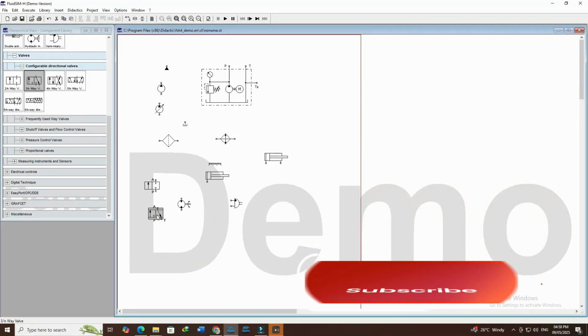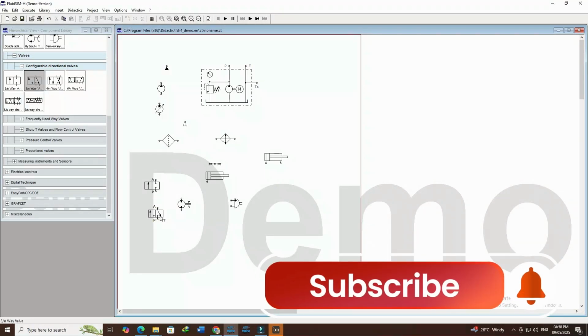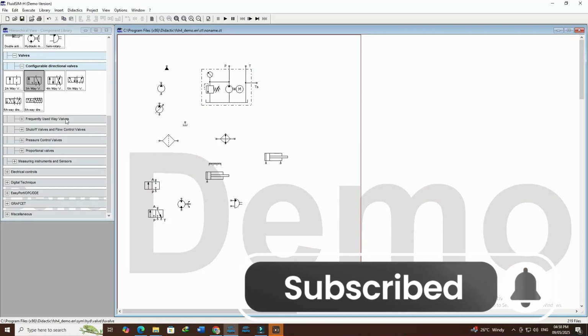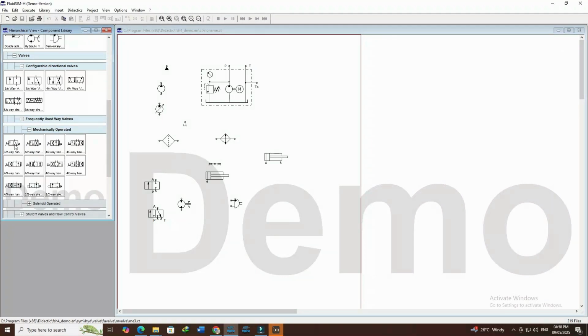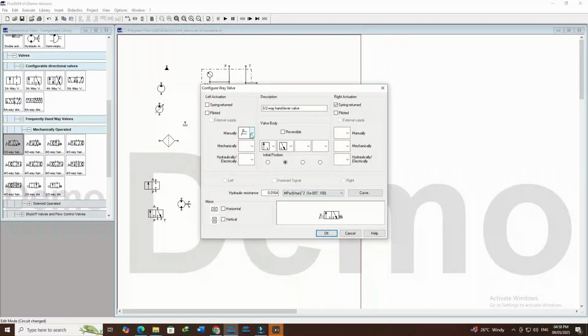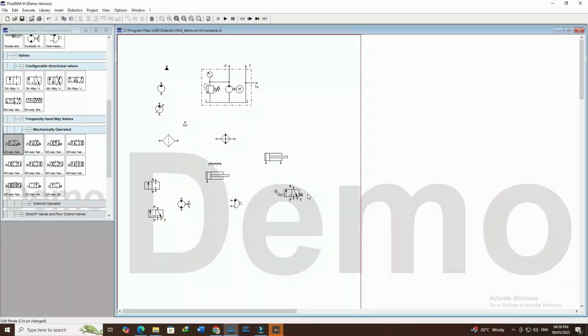Here also 3 by 2, meaning 3 ways and 2 positions. Here also are mechanical operators, by which those DCVs are operated, with spring return. In the offset position there is no fluid movement; that is the normal position.